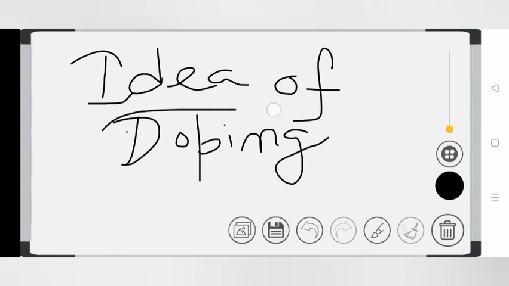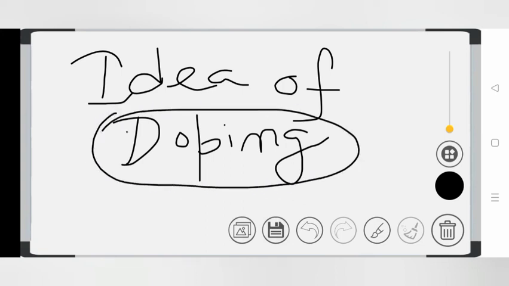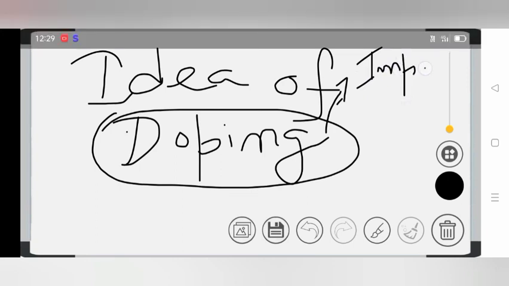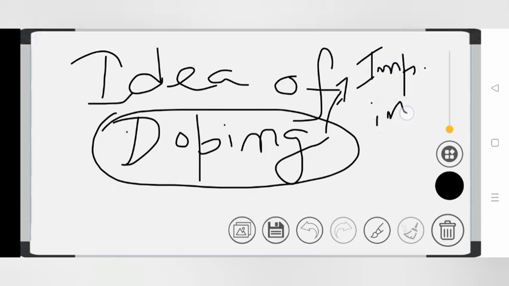Doping is a very easy concept. What is doping? Doping means when we add impurities in a semiconductor, then that is called doping.